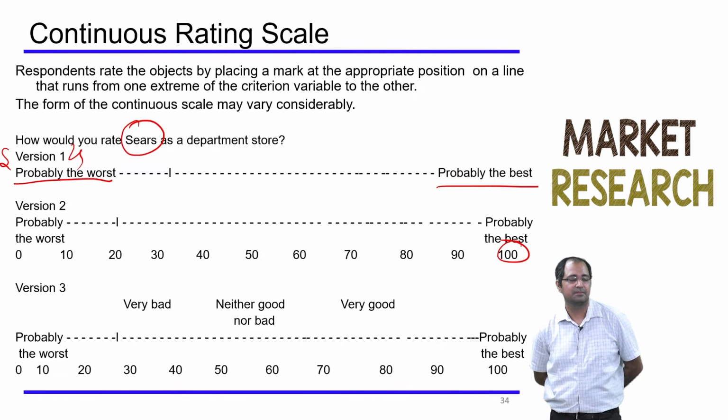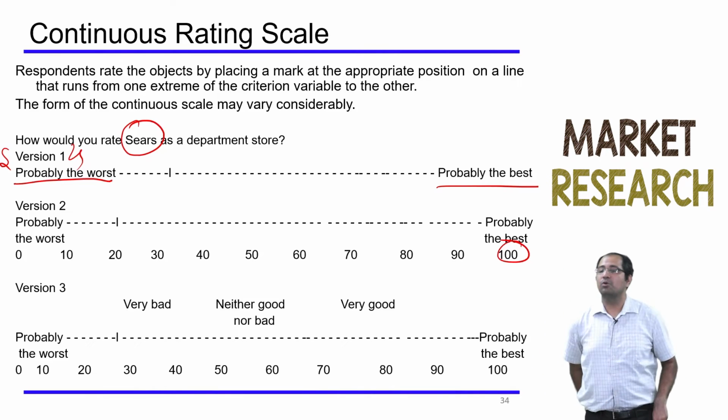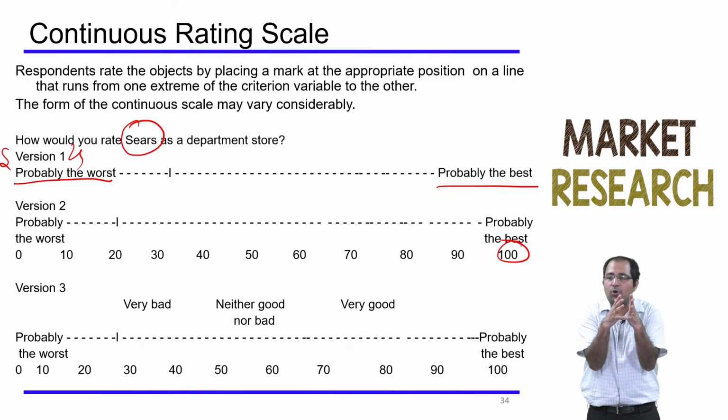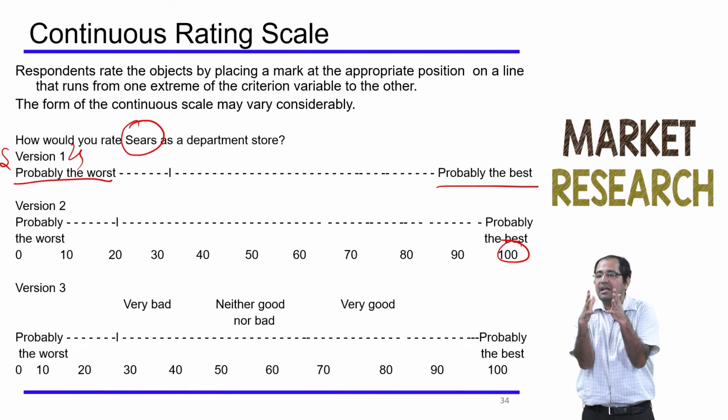So let's say you have to compare Coke and Pepsi on which one you prefer more. Through comparative, what you will do, you will say compare Coke with Pepsi on your preference and tell me which is more preferred and which one is not so much preferred.